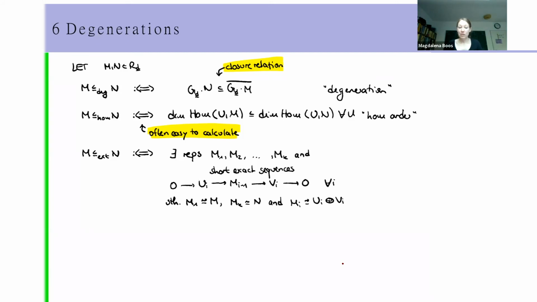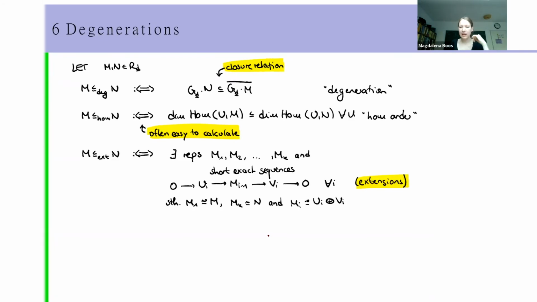And if we find a tower of exact sequences like this, such that the first middle term is M and the last is N, then we say they are comparable in the Ext order. So this is the transitive closure of having an exact sequence such that the outer terms form the N.